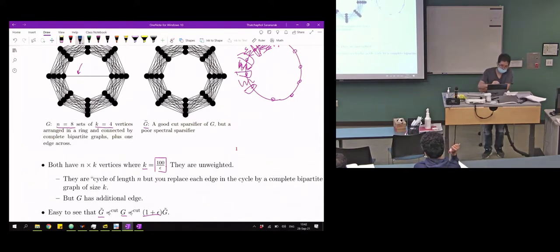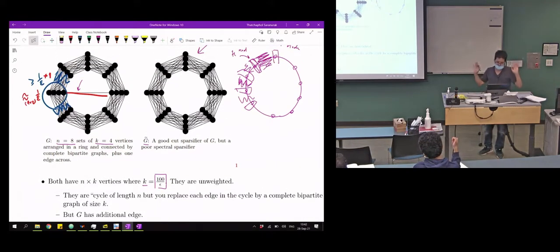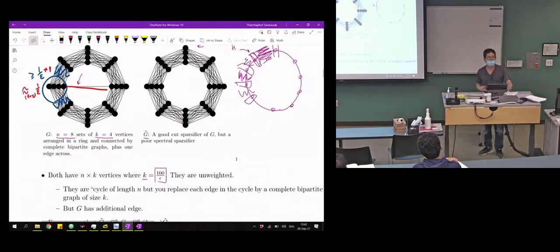If you look at any cut, it will have size at least something like 1 over epsilon if you count only this thing. But if you have this one, you might have plus 1, but this is the same within 1 plus epsilon factor. So in cut sense, they are the same, right?